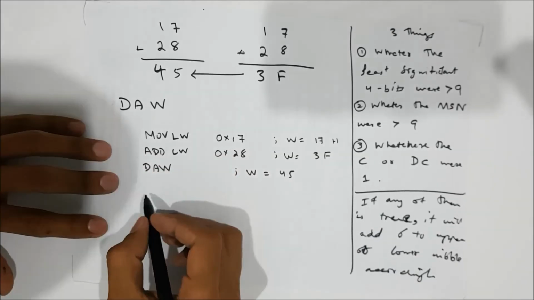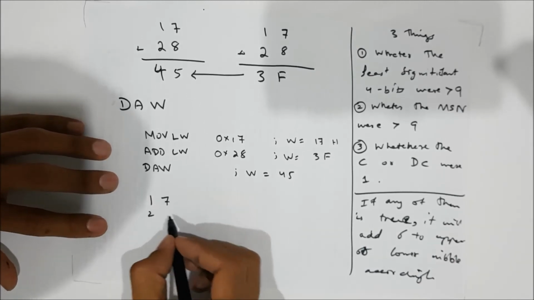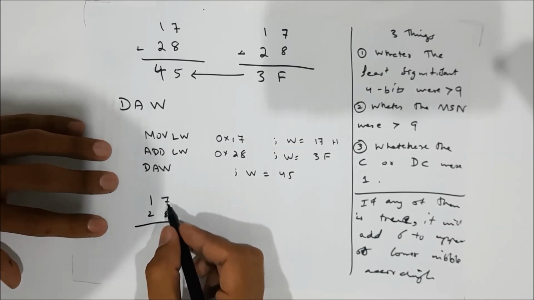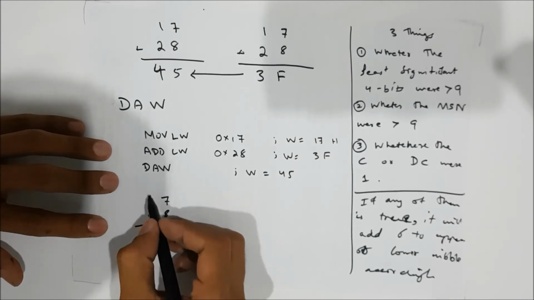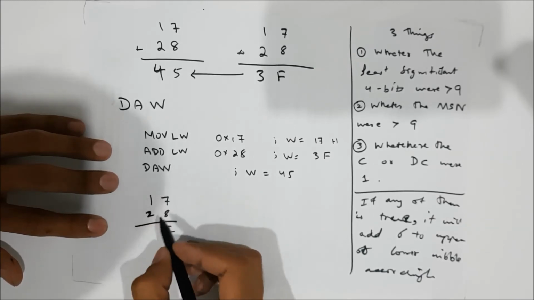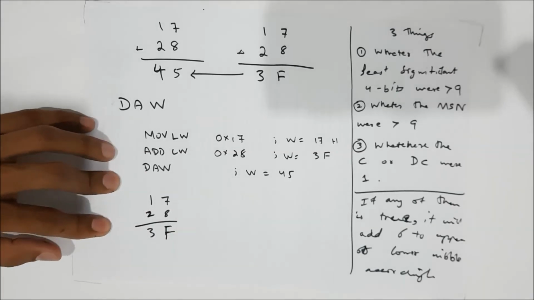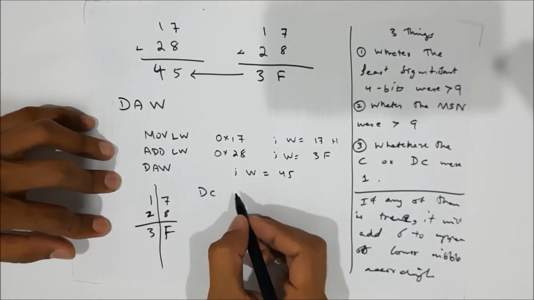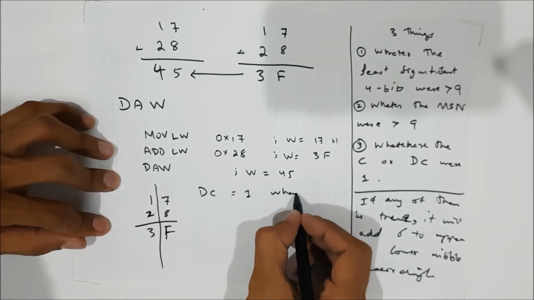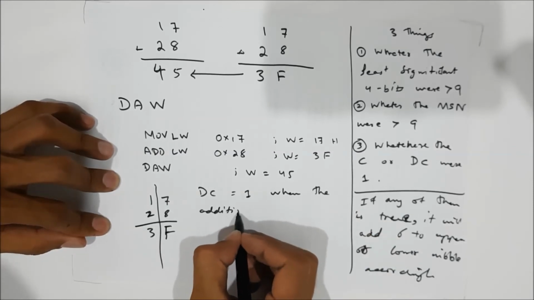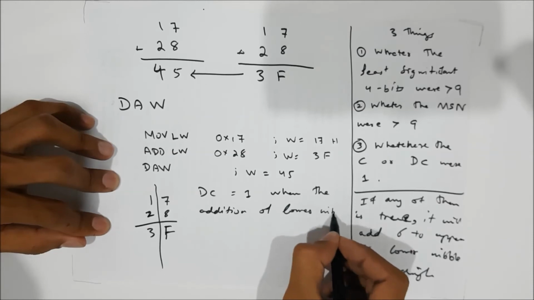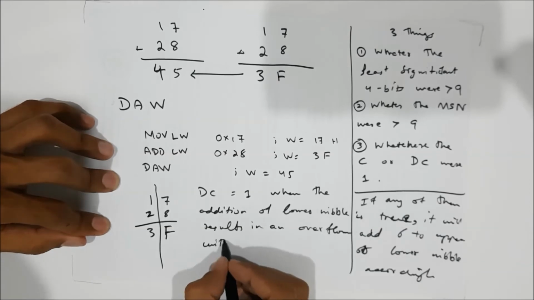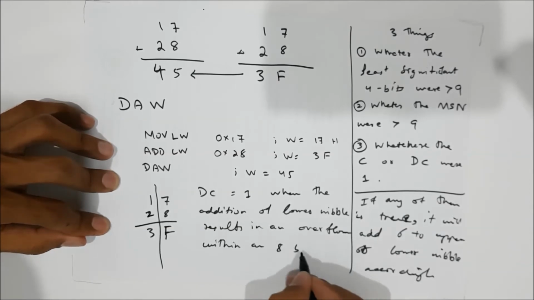Let's see how. 17 plus 28. It was F. 8 plus 7 is 15. 15 is equal to F, and 2 plus 1 is 3. So this is 3. Now first let's see what digital carry is. Digital carry is equal to 1 when the addition of the lower nibble results in an overflow within an 8-bit number.